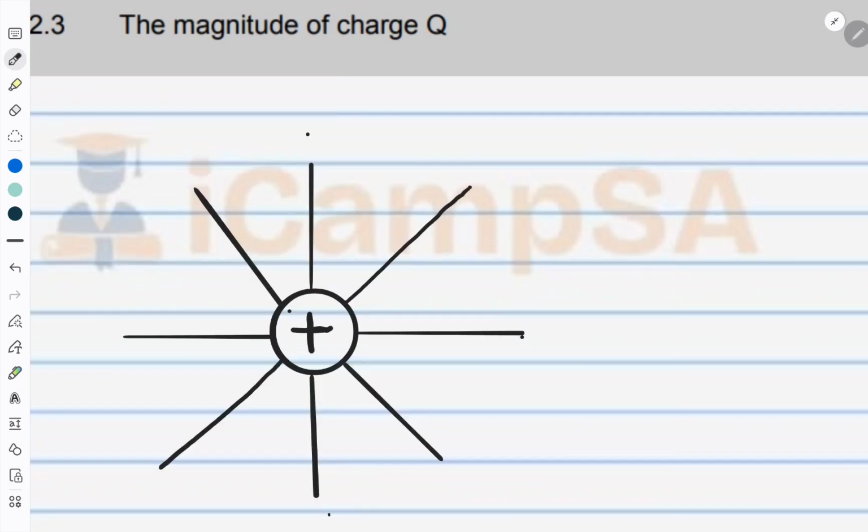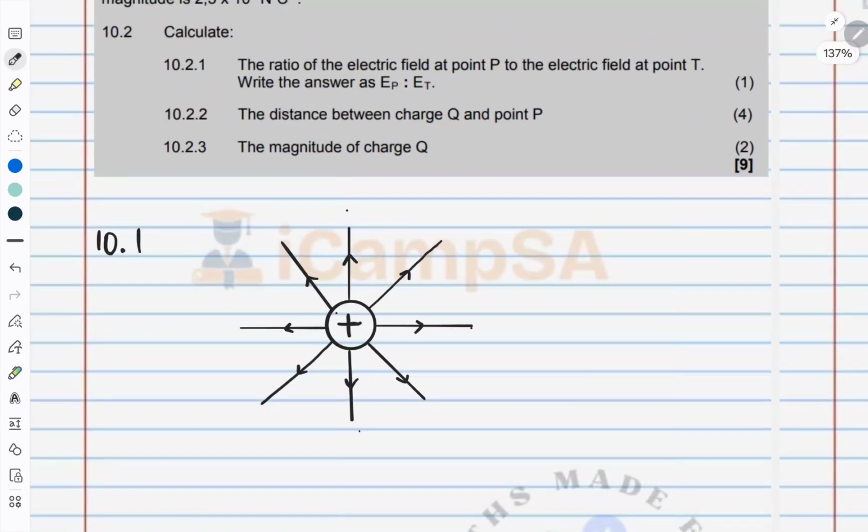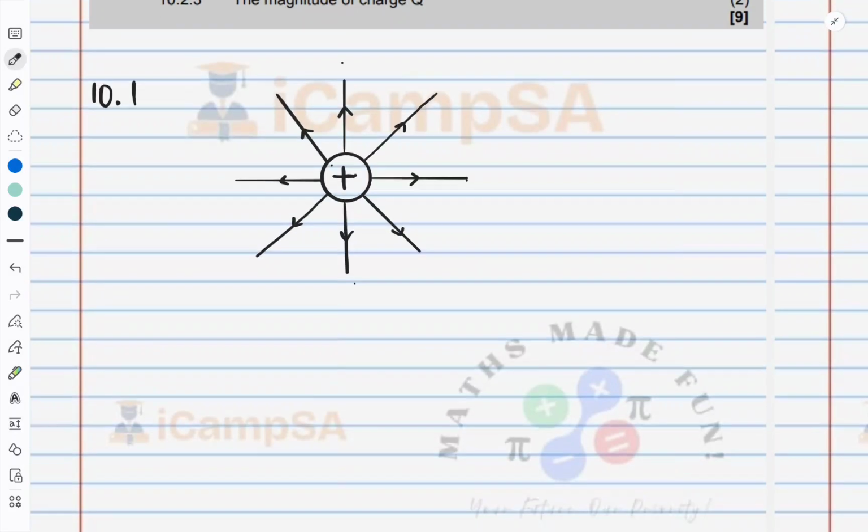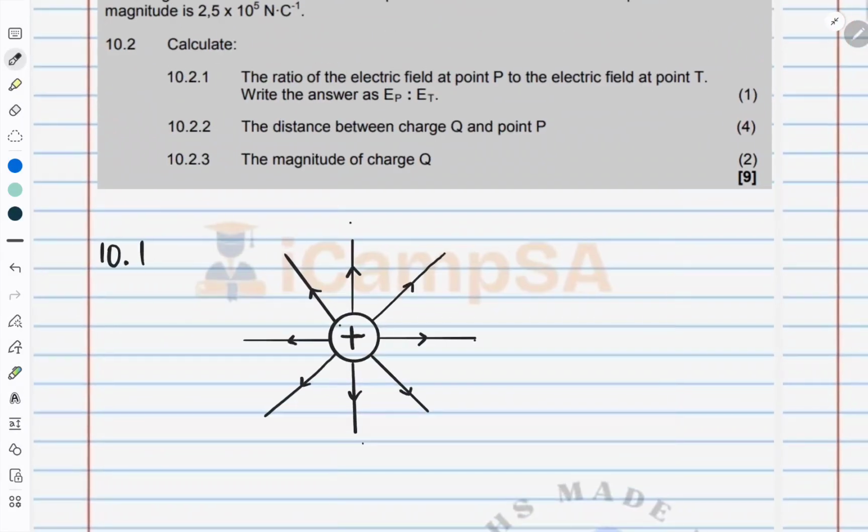And since it is a positively charged sphere, the arrows are going out. So this is what the electric field will look like for a positively charged point charge or sphere. Right, so 10.1 was a straightforward one.